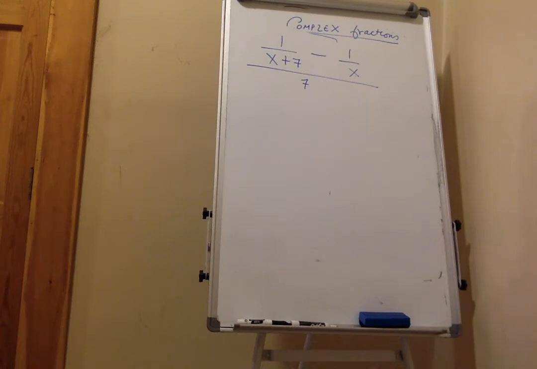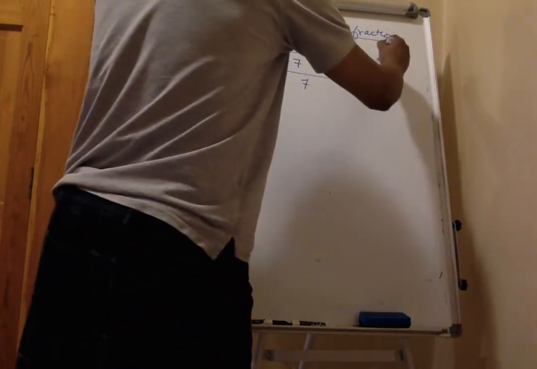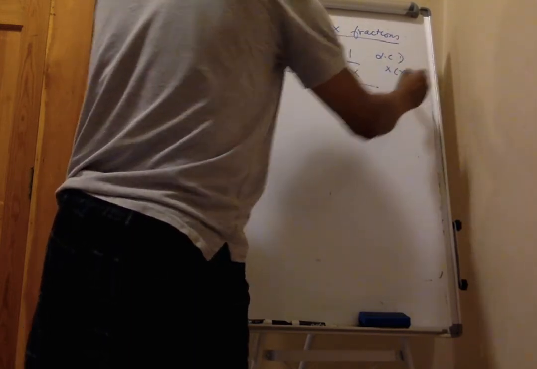Let's do the same thing that we did earlier. Again, you have x plus 7 and x. So your least common denominator is x times x plus 7, meaning the product of the two.